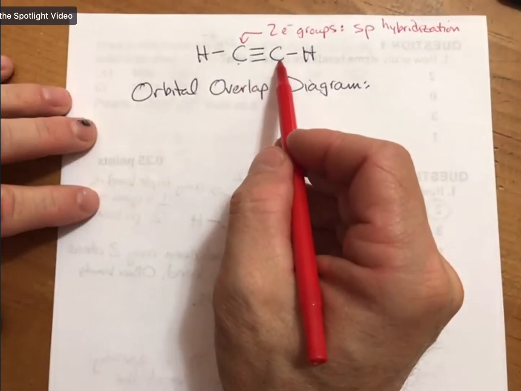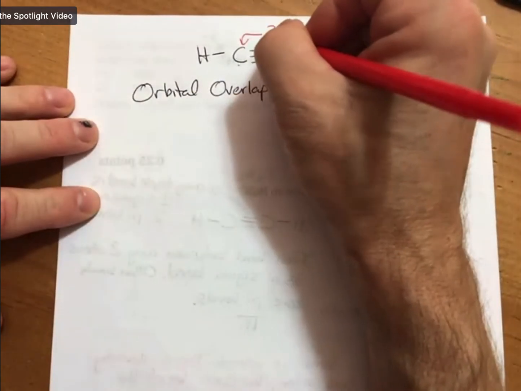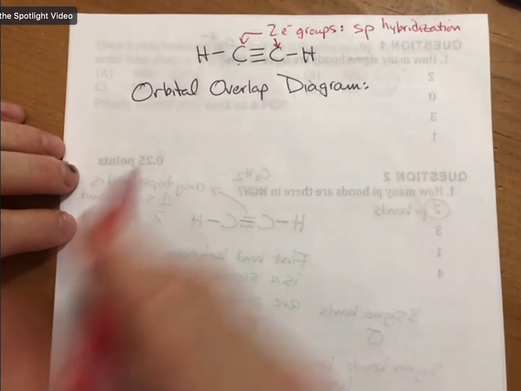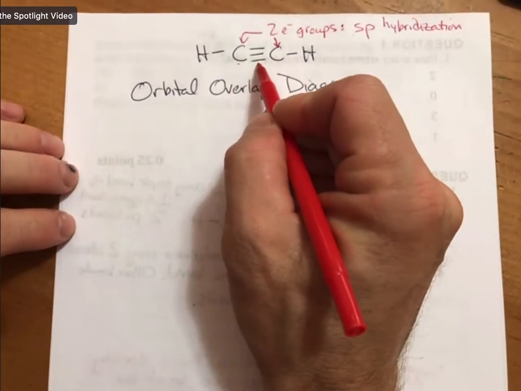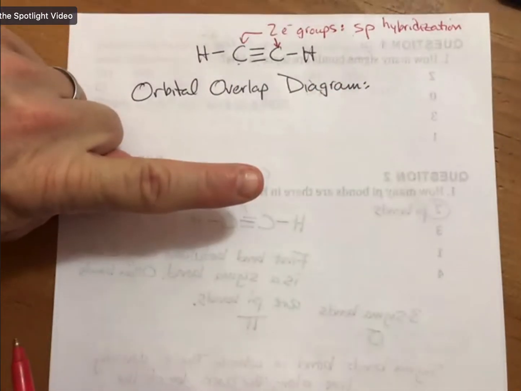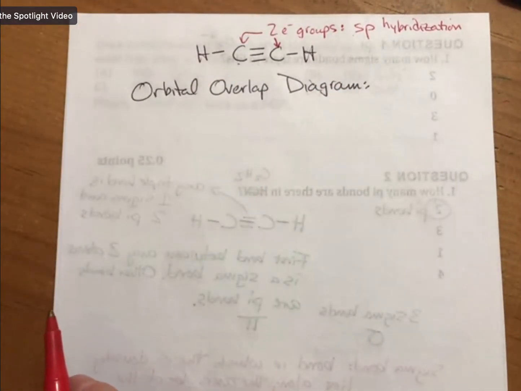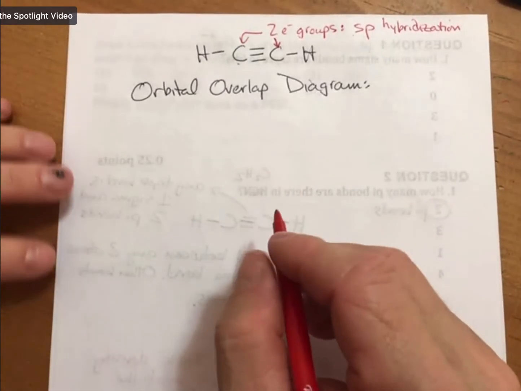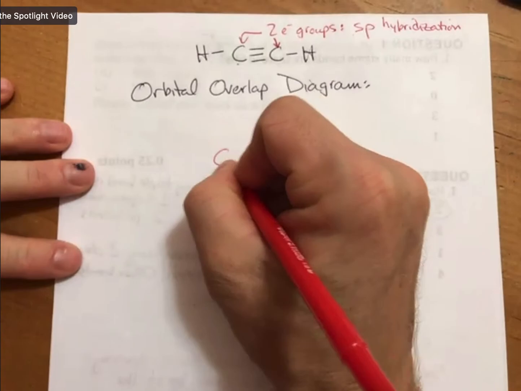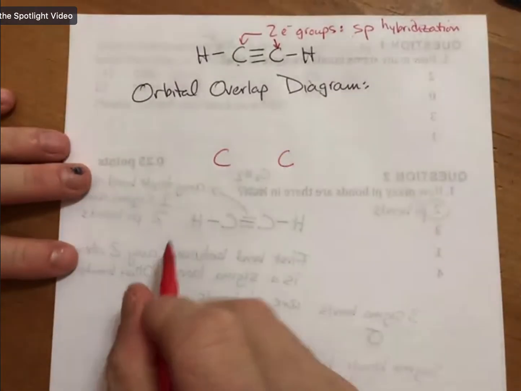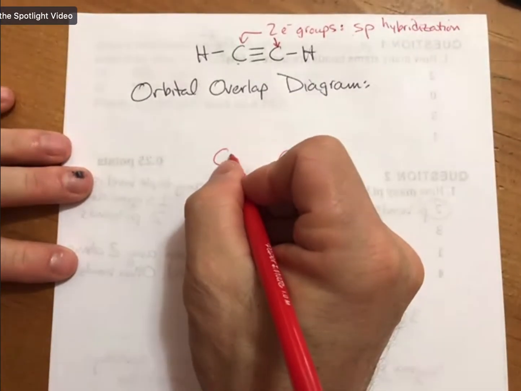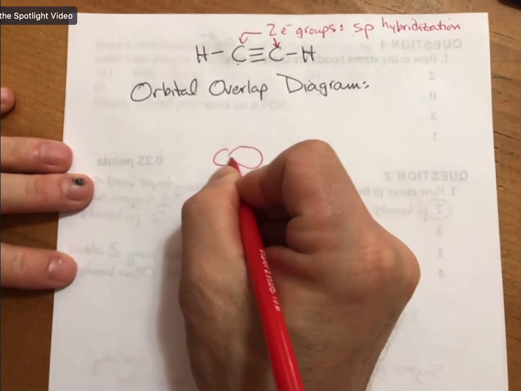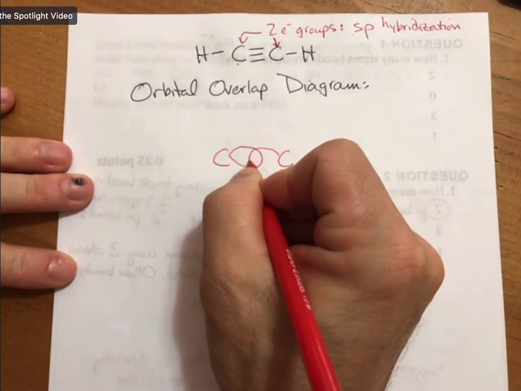The other carbon has the same thing. The other carbon has 2 electron groups as well, and a triple bond is still 1 electron group. What that means is when I draw my orbital overlap diagram, I'm going to draw my carbon and my other carbon, and sp hybridized orbitals look like this.